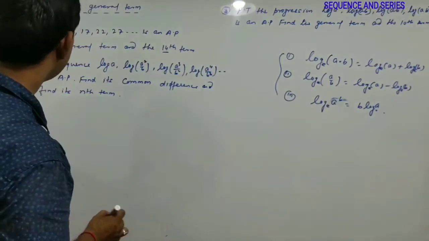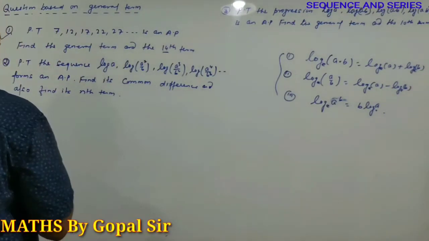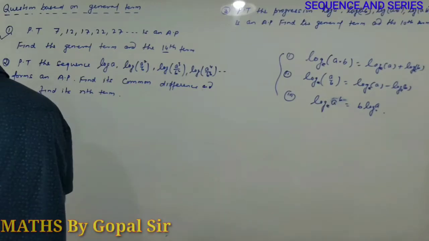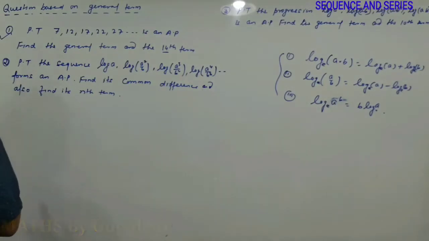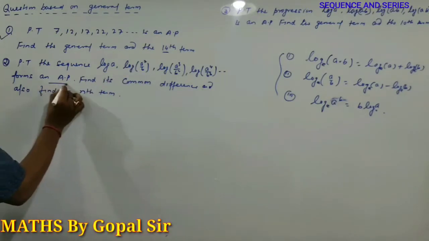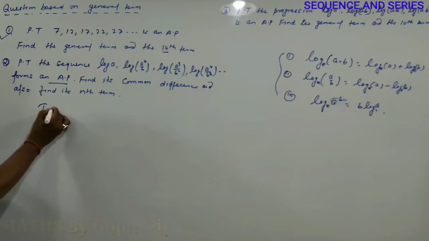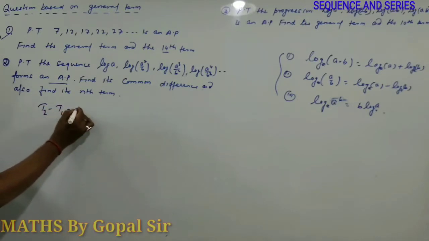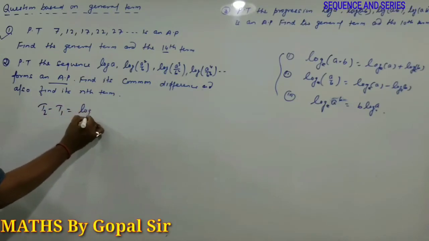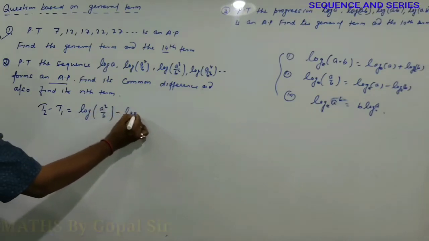Now the question is: prove that this sequence log a square b is in AP. For finding whether it's in AP, you have to first find T2 minus T1. T2 minus T1 means log a square b minus log a.